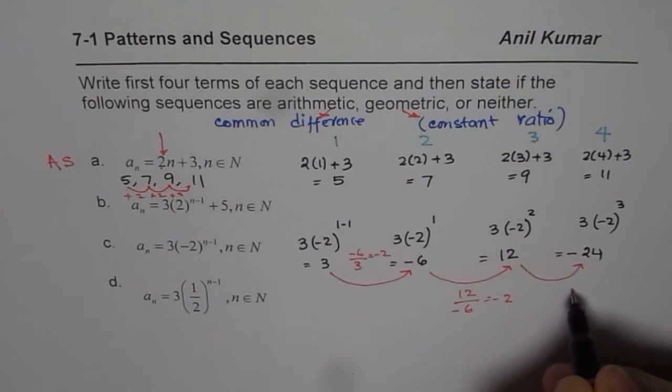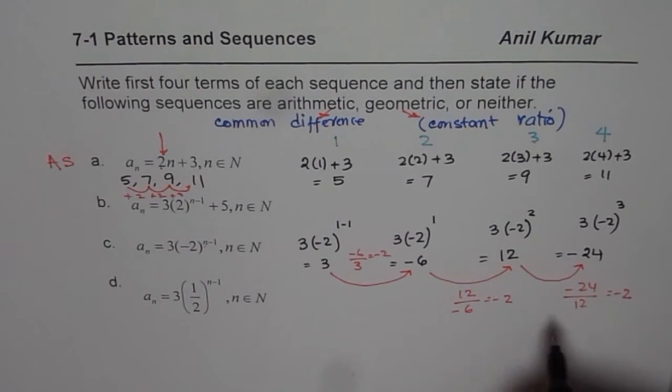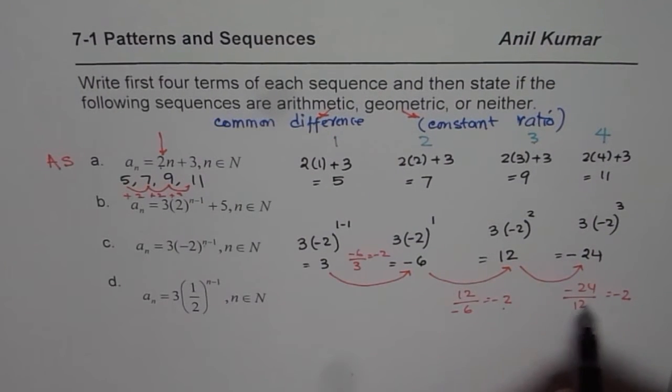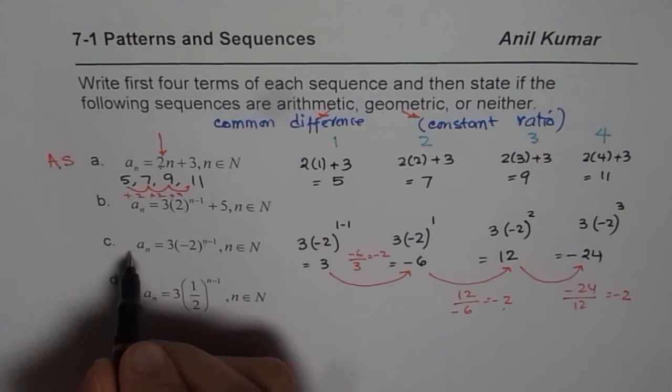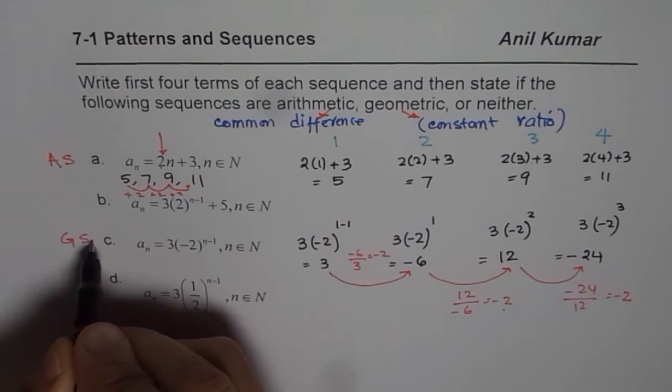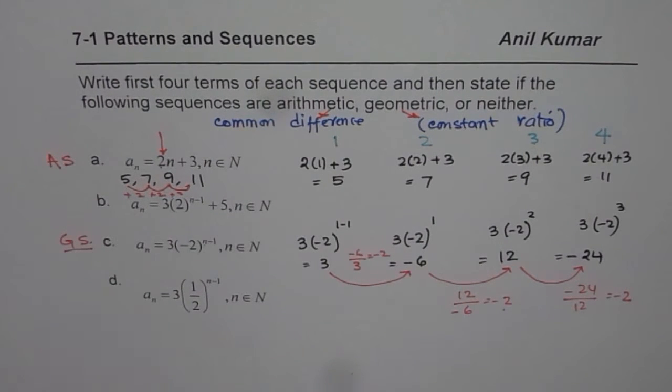Here again, we have minus 24 divided by 12 as minus 2. Since we have a constant ratio of minus 2, this is a geometric sequence. So that is how you can write down the terms and figure out whether it is a geometric sequence, arithmetic sequence, or neither, right?